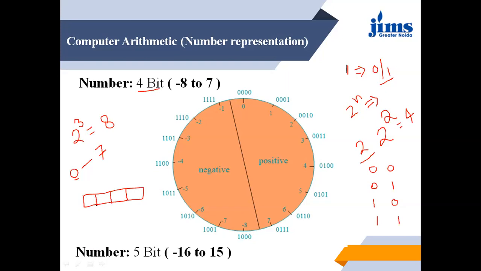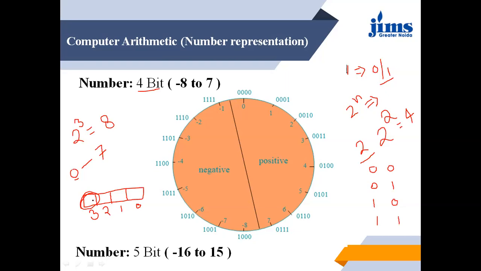First, we should try to understand the different possible representations of a number. If I have a 4-bit number, the bits are numbered 0, 1, 2, 3. So this is a 4-bit number. I told you that this bit is the MSB.